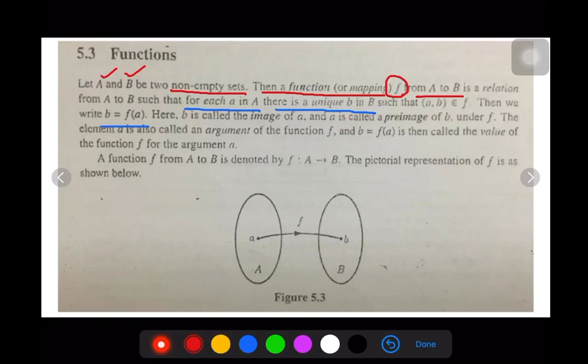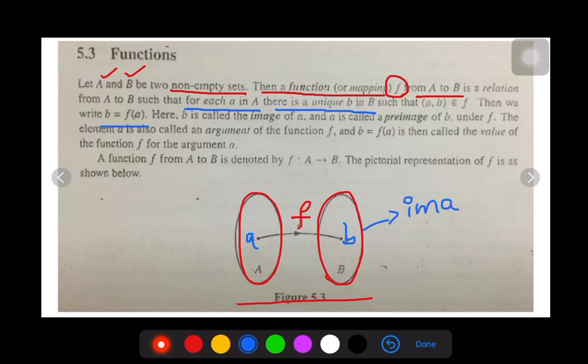If we represent this through a diagram, this is my set A and this is my set B. We are trying to define a function F between A and B. Now in this, we have a here and b is the element of B. b is called the image of a because a is related to b here.